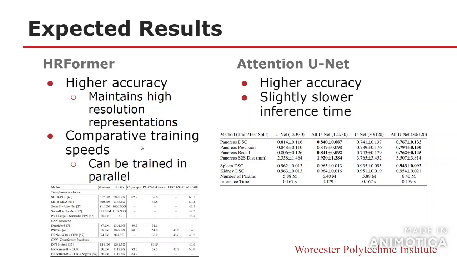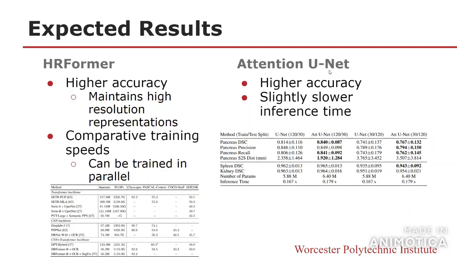We also expect comparable training speeds because it can be trained in parallel. Below, you can see some results from the Yuan et al. paper, looking at a standard CNN network versus their HRFormer model. You can see a similar number of floating point operations, but higher accuracy across different segmentation benchmark datasets.